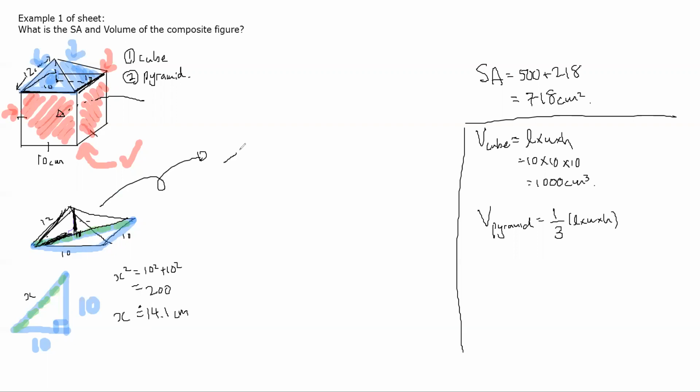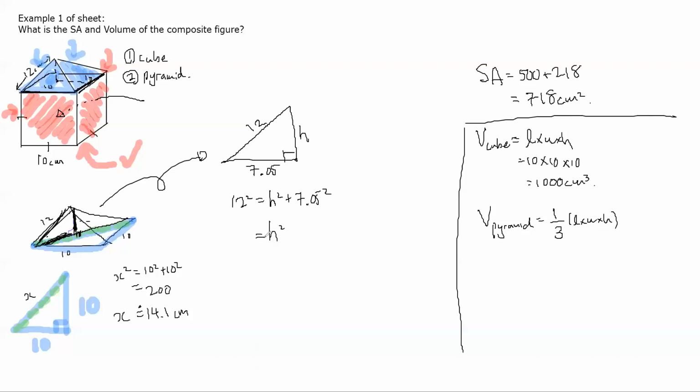All right, that means this base is going to be 7.05 centimeters. That's going to be a height that we do not know. And that slant diagonal is going to be 12. So 12 squared is equal to h squared plus 7.05 squared.